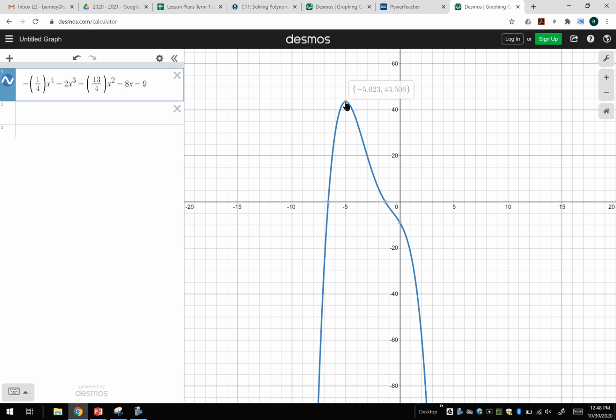So up and down, my absolute max is 43.5. Okay, there's not going to be a number higher than 43.5. And that's what this line shows us. It goes up to that, and then it starts to go back down. So absolute max, 43.5. There is no absolute min because it's going down to negative infinity on both end behaviors.